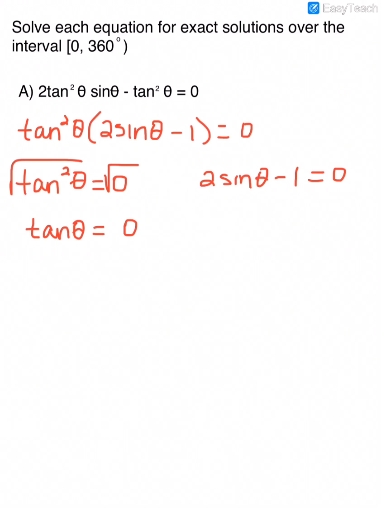And then I take tangent inverse of both sides. So I would get theta is equal to tangent inverse of 0. So I want to know where tangent is 0 between 0 and 360 degrees. And that would be at 0 and at 180 degrees.